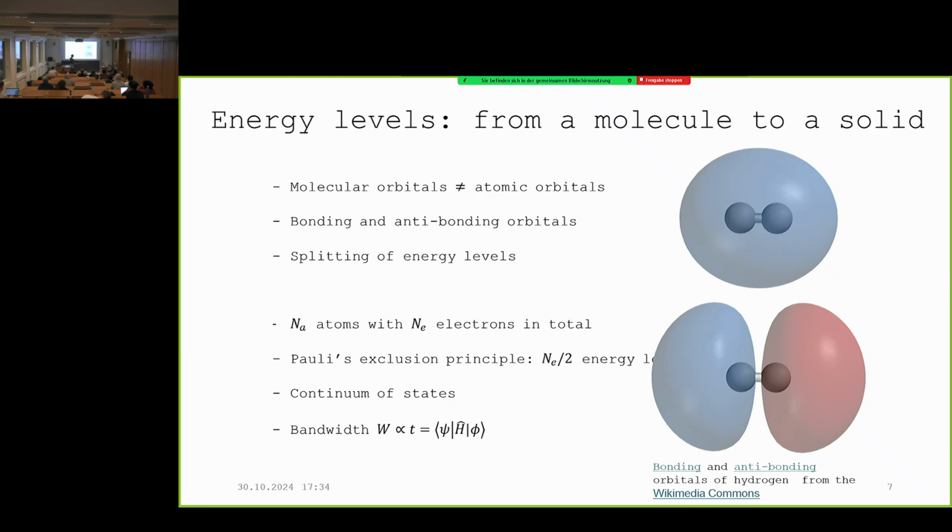You can understand that by looking at the electron density around the atoms. In the bonding case, this density is centered around the middle of the molecule, between the atoms. So you can imagine the electron pulling the atoms together, and so it has a lower energy because it's a more stable configuration.